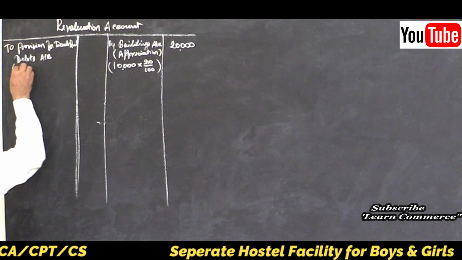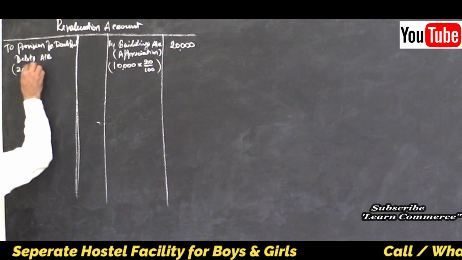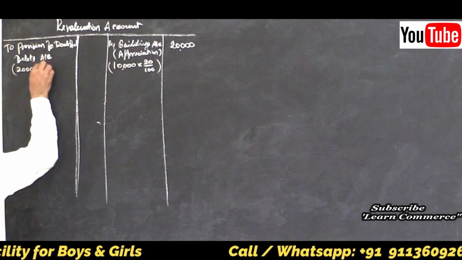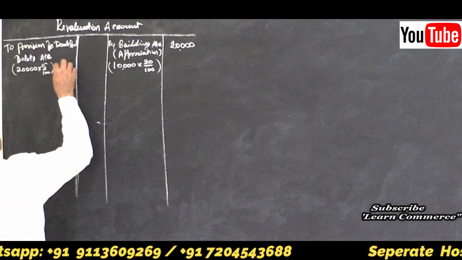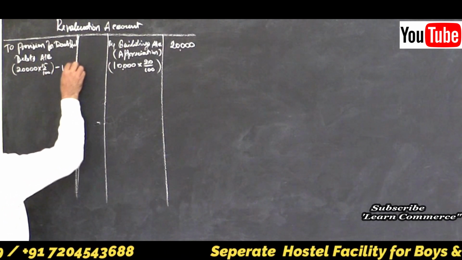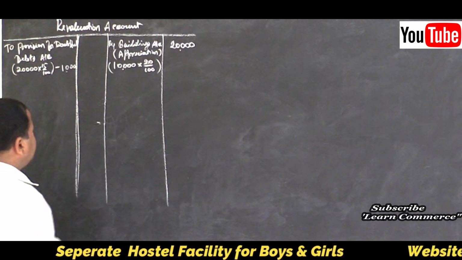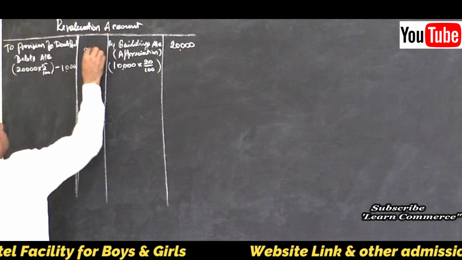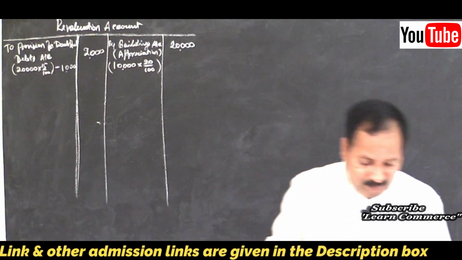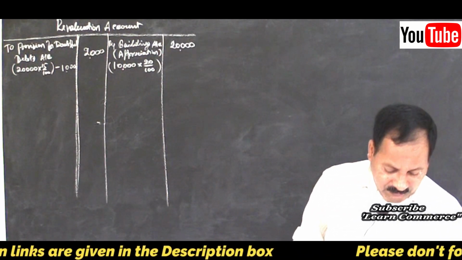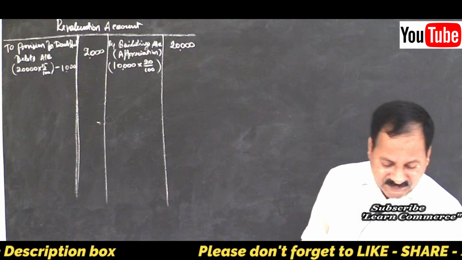You have to calculate 20,000 into 15%, minus the already existing provision of 1,000. So it will be 3,000 minus 1,000, 2,000 is the additional provision. Enter it in the revaluation account. That's what you have to do here.